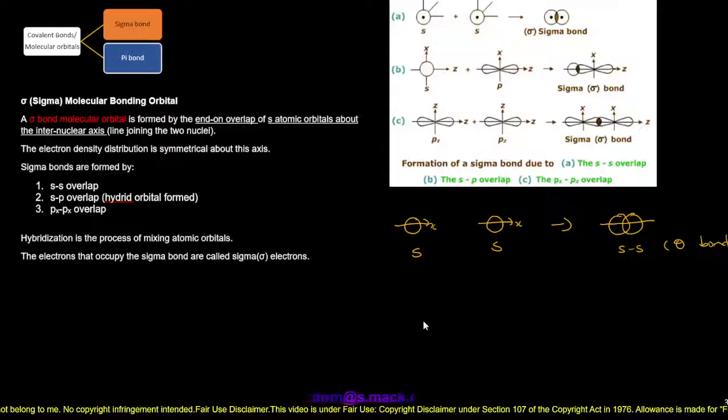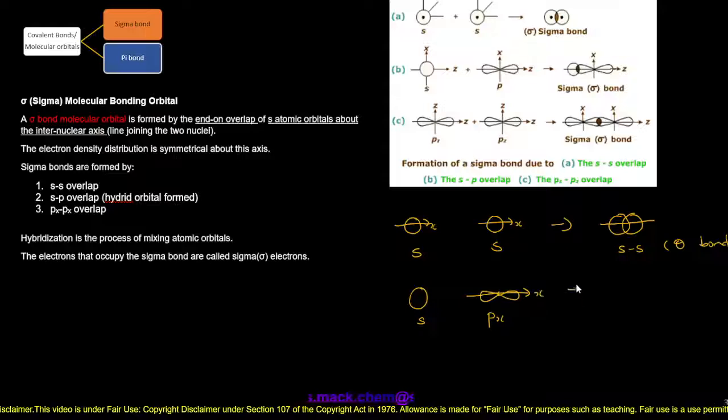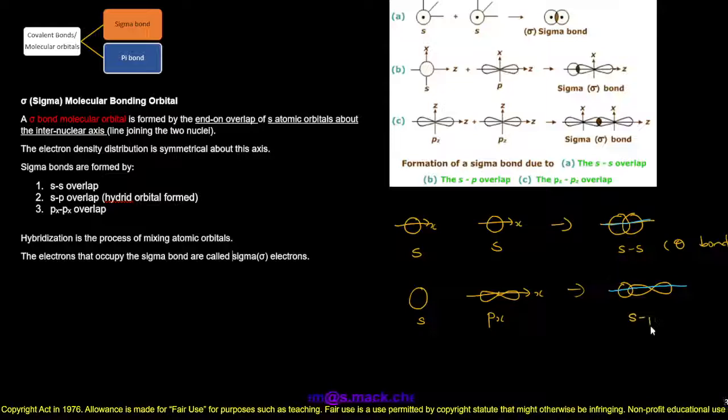We can also have an overlap with an s orbital. And I'm going to call this a px orbital. Where the overlap occurs along what we call this internuclear axis. And this is why we say the electron density is distributed about the internuclear axis.